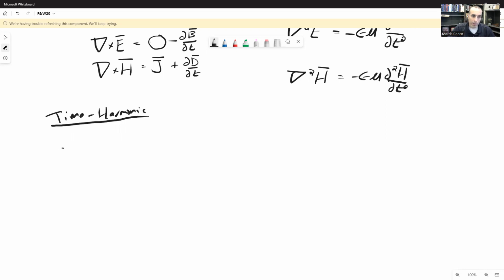If we do that, then we have that d squared of the x component of E with respect to z squared equals omega squared times mu times epsilon times the x component of E.